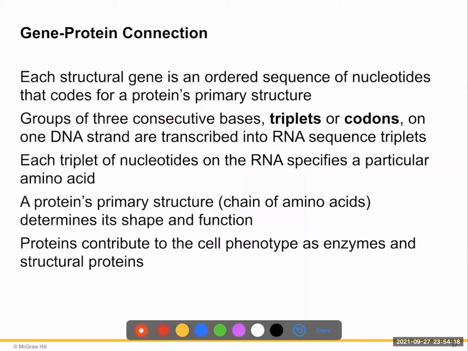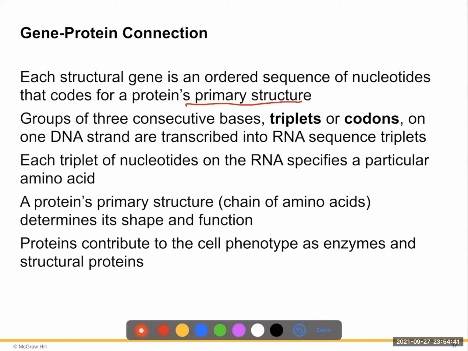So every structural gene is an ordered sequence of nucleotides that codes for a protein's primary structure. Remember there's primary, secondary, tertiary, and quaternary. Primary structure is just the line of amino acids linked together. Secondary is when they start to form an alpha helix or beta pleated sheets.